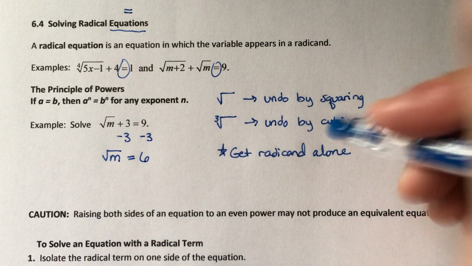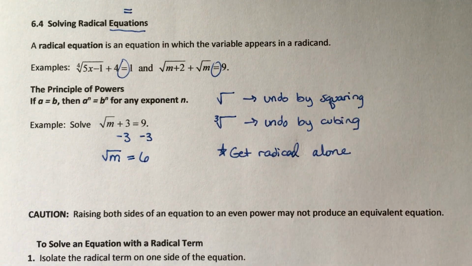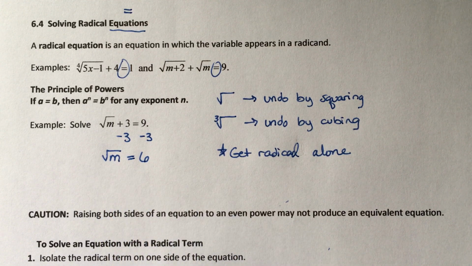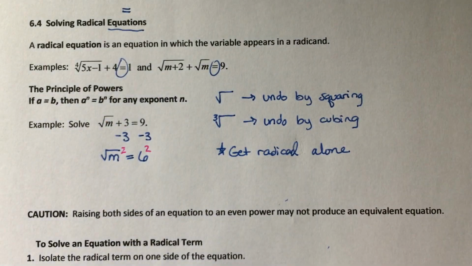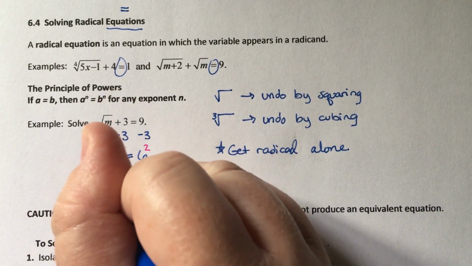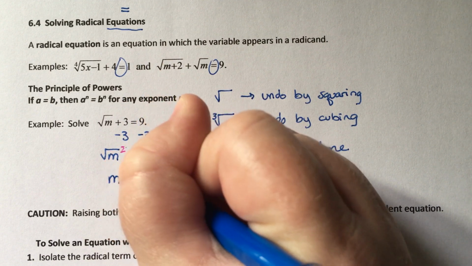The radicand is what's under the radical, so we want to get that alone too. To undo the square root, I'm going to square both sides. The square and the square root undo each other, so we just get m, and 6 squared is 36.